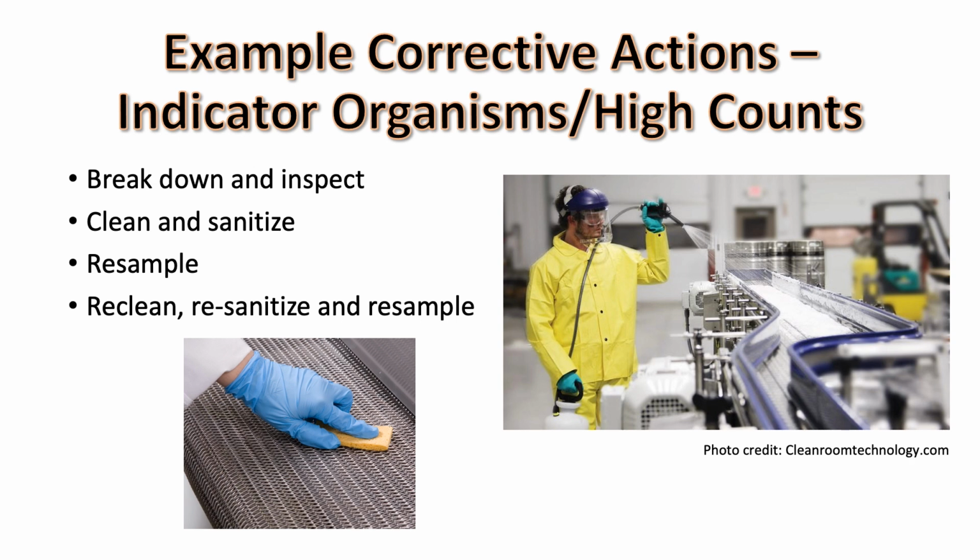This usually involves additional cleaning and sanitation of the equipment or area, and then resampling and retesting until the results are back into compliance. It is also useful to try to identify the circumstances that led to the higher counts in the first place, to see if a longer-term corrective action should be implemented, such as adjusting the frequency of cleaning or sanitation procedures.